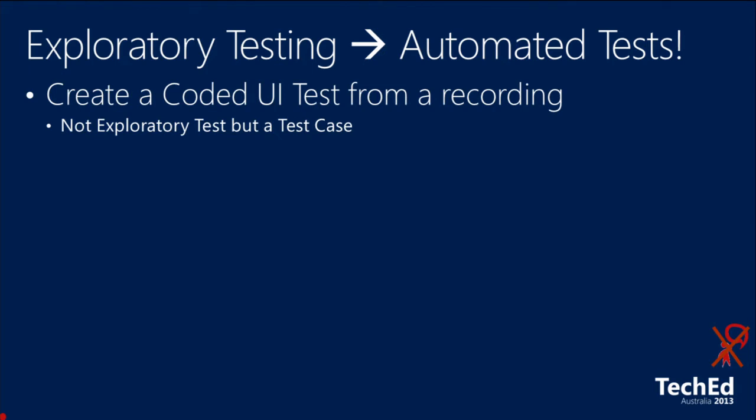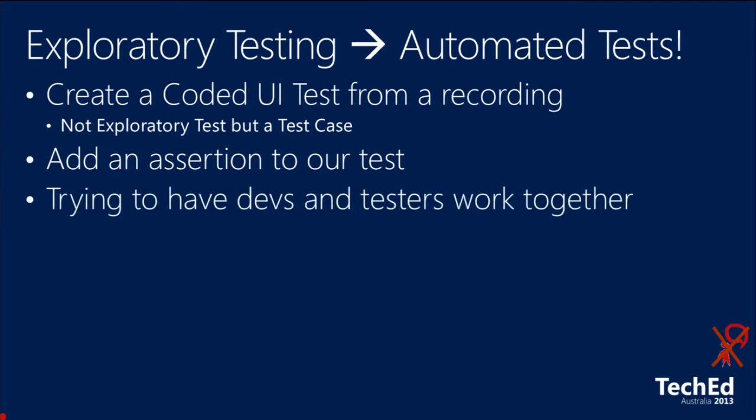That stuff that the tester did can create a coded UI test. Now, you can't use the exploratory testing; we're talking about the test case stuff now, but it's very similar technology. You then add an assertion to the test, and you now have devs and testers working together.